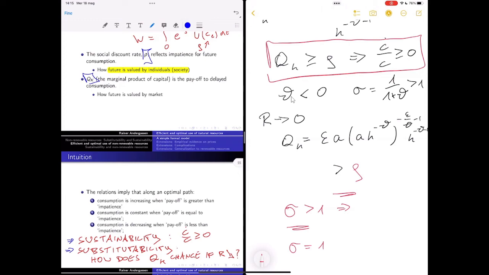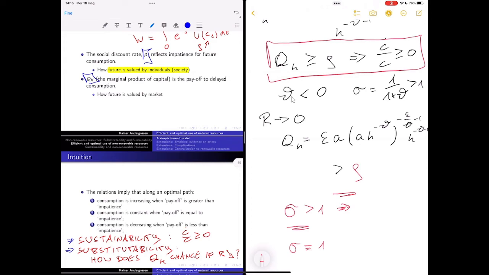In this case, you might end up with situations where, in particular with sigma equals 1, sustainability is feasible but not socially desirable. So here, in this case, sigma larger than 1, sustainability is feasible and socially desirable, socially optimal.